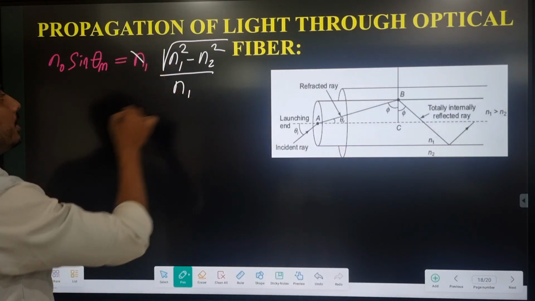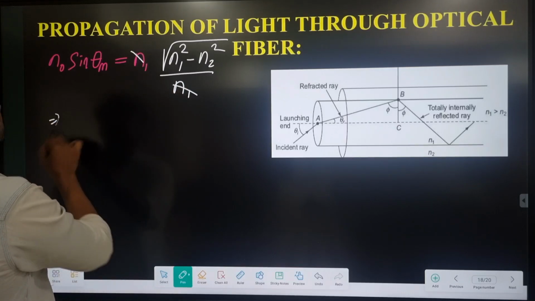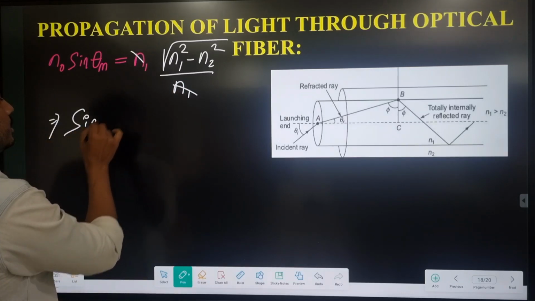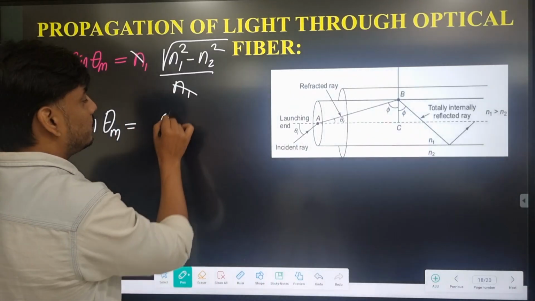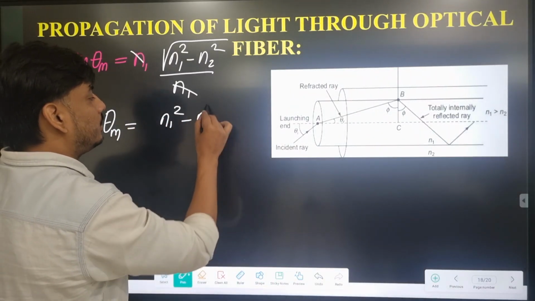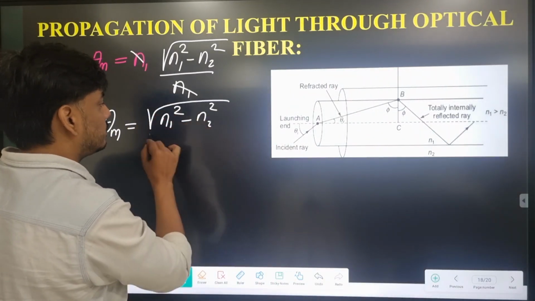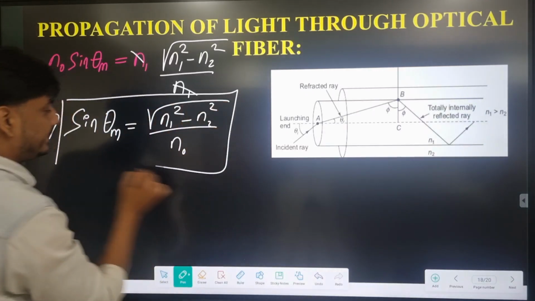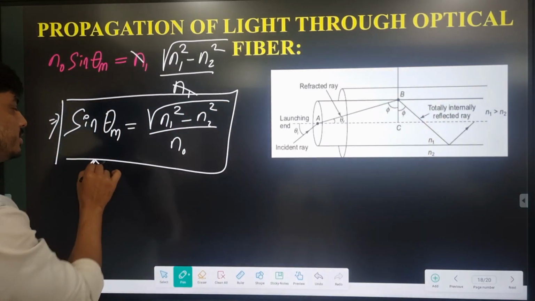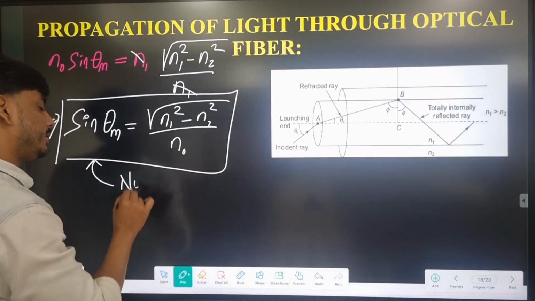Now n1 we can cancel here. So sin theta m equals the square root of n1 square minus n2 square, divided by n0. This sin theta m is known as numerical aperture.